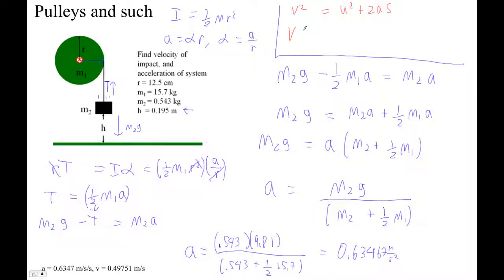So v is the square root of 0 squared plus 2 times 0.63467 times our height of 0.195 meters. So I'm going to go that times 2 times 0.195, then square root it, and I get 0.4975 meters per second.